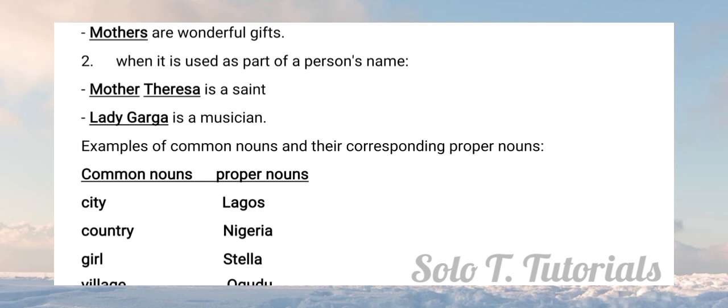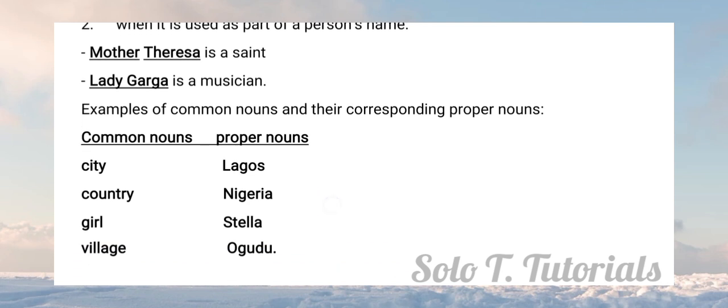Under common noun, we have country. It could be any country. And under proper noun, we are specific. So we have Nigeria here. Girl, it could be any girl. But under girl, we have Stella. Village, we have under proper noun, we have Ogudu.